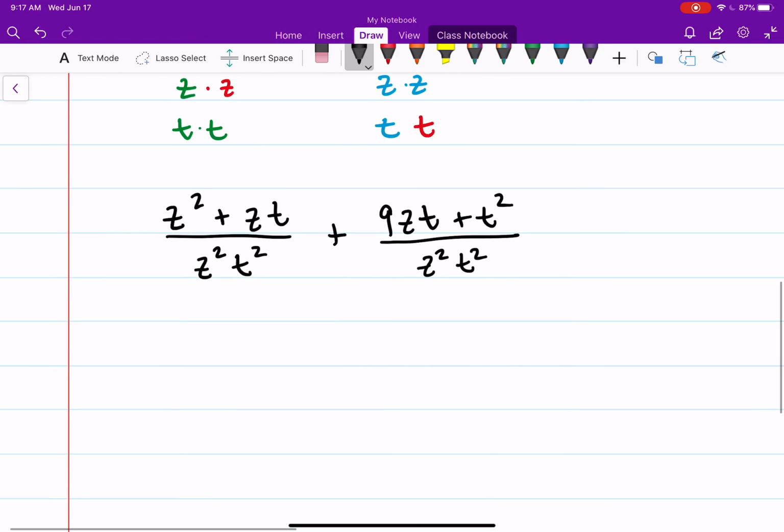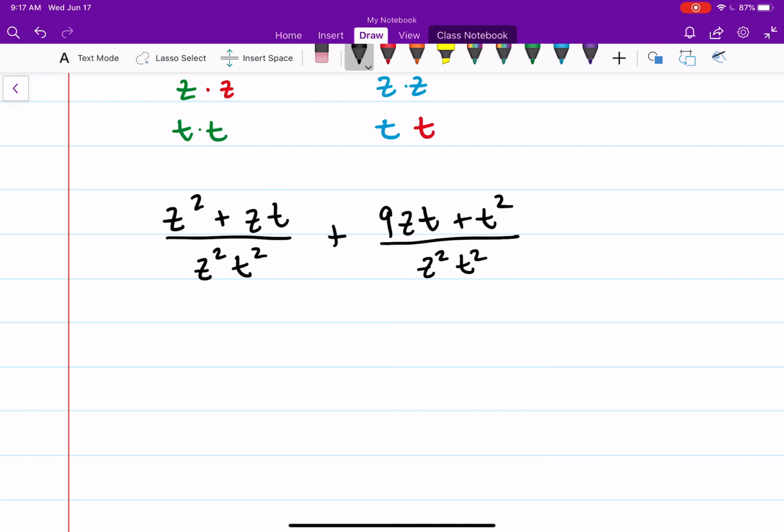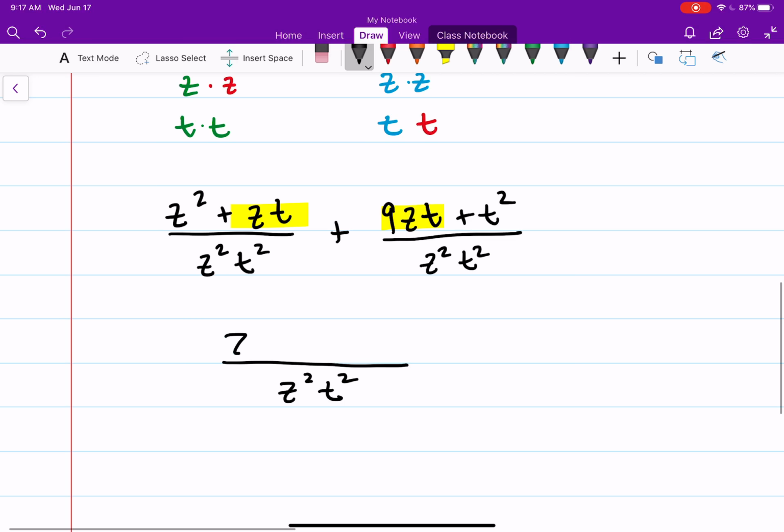Now look at that, the bottom is the same. Woohoo! So I've got z squared t squared, and the top is, oh look at that, aren't these like terms? zt and zt. So I get z squared plus 10zt plus t squared. And that would be my answer.